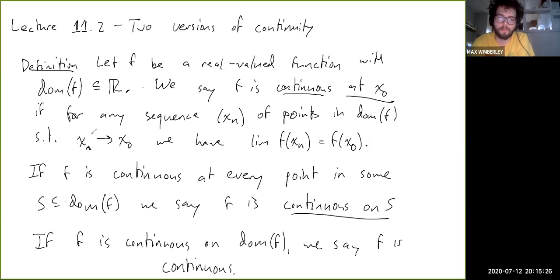So it's like if you just pick a sequence xn that converges to x naught and look at what happens to the sequence f of xn, if xn converges to x naught, then f of xn better converge to f of x naught. If there's even one sequence xn approaching x naught such that this does not hold, then the function is not continuous at x naught.